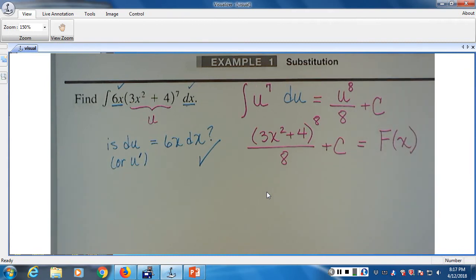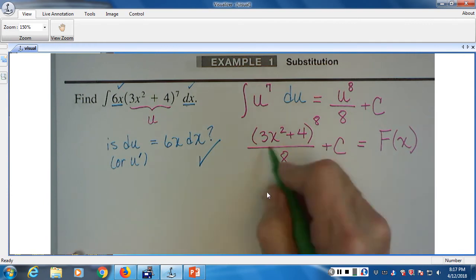So there's your family of functions that was the derivative of. And if we were to actually take the derivative of that function, we should get this back. We should be able to check it.